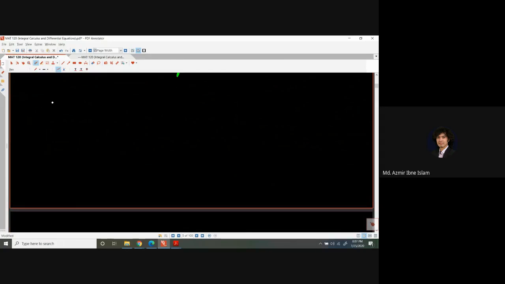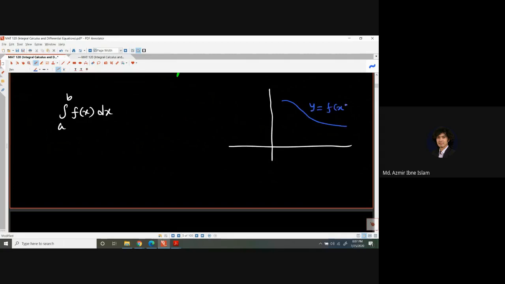Here we have again the integration from x equal to a to b of f of x dx, and I am drawing the geometrical concept again. Suppose we have the function y equal to f of x. This is any arbitrary function, and here we have a, the lower limit of integration, and b, the upper limit of integration.